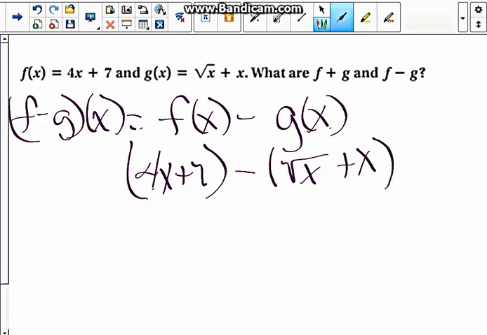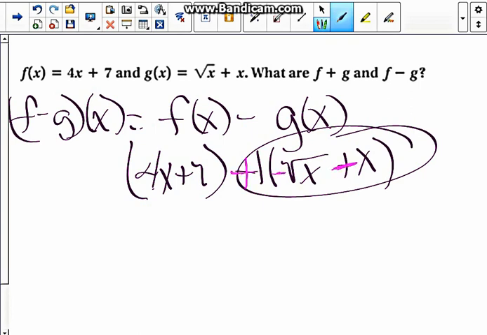Now, I've always taught when adding and subtracting polynomials to distribute the negative across to our polynomial here on the right. And so what we are literally doing is flipping the signs on the inside and changing our sign to add.